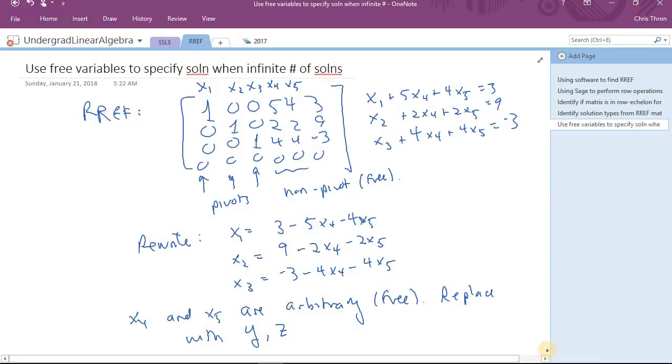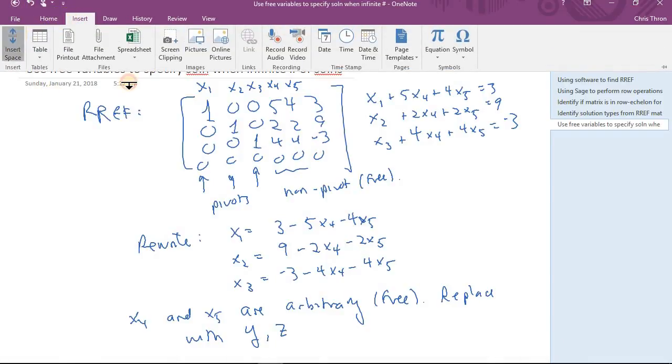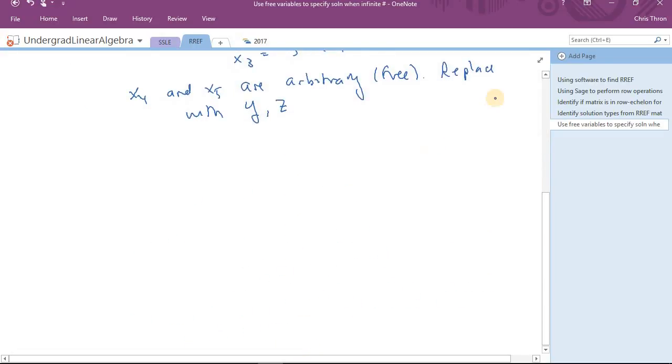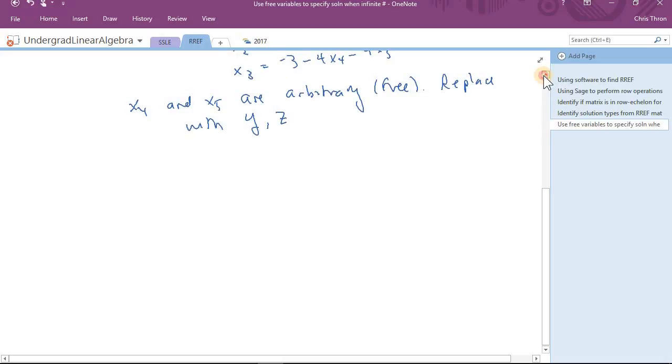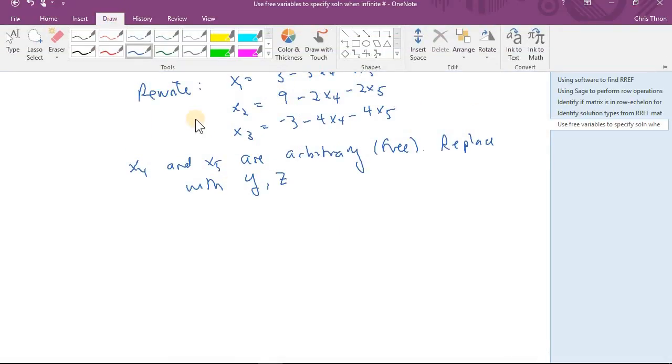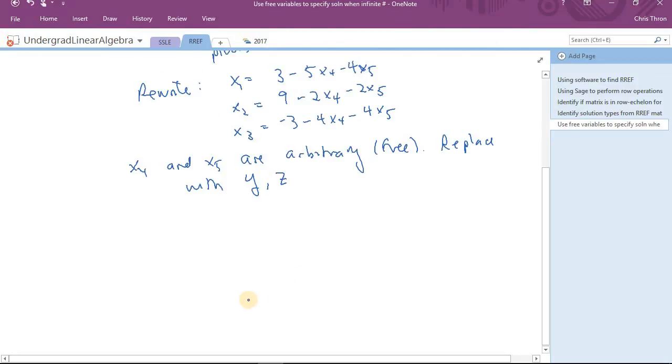Okay. All right, so let's just go ahead. So I can just simply write this as x1 equals 3 minus 5y minus 4z.